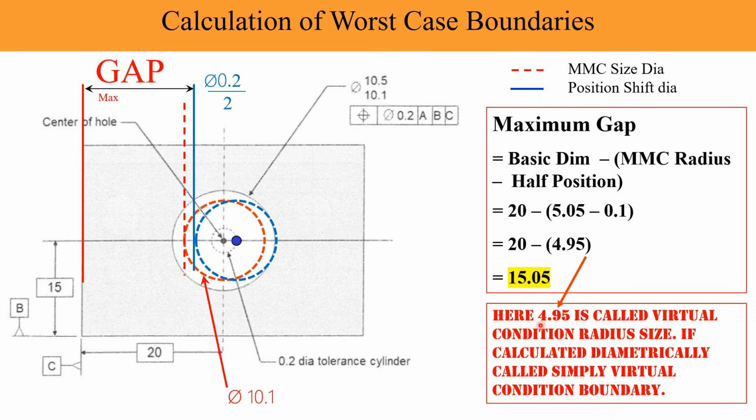So the maximum distance from datum plane C to the edge of the worst case inner boundary of the hole is 15.05 millimeter. It represents the true worst case inner limit of the hole when both MMC size and position tolerance are considered together.